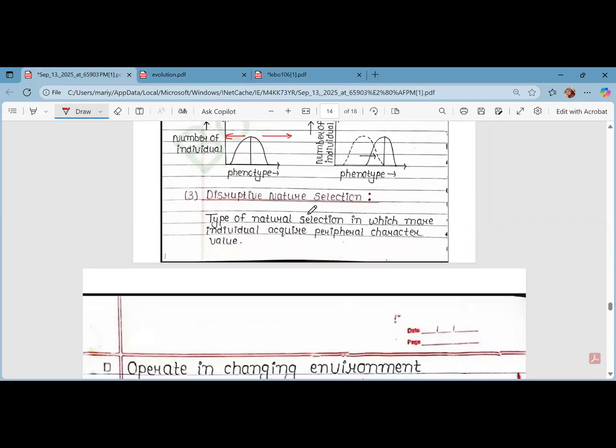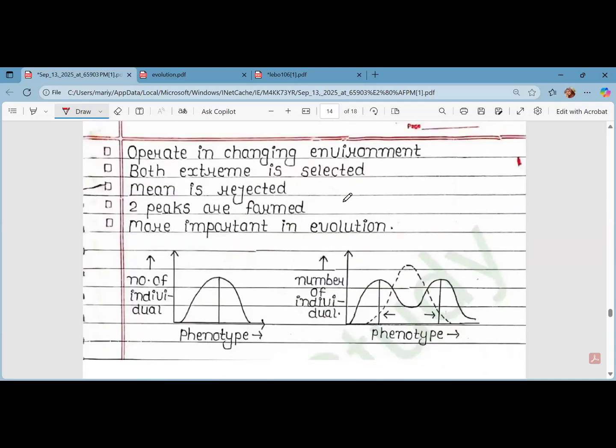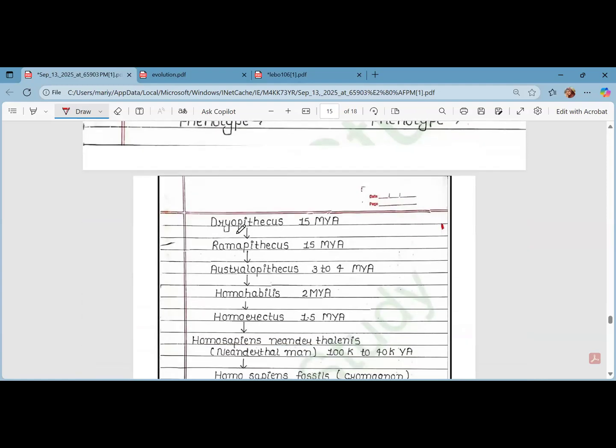It is the type in which more individuals take a peripheral value of the character. Right here, two peaks are observed, the mean is nothing over here, both the extremes are selected, and again this also happens in a changing environment. Is it clear, students? The three types are clear?